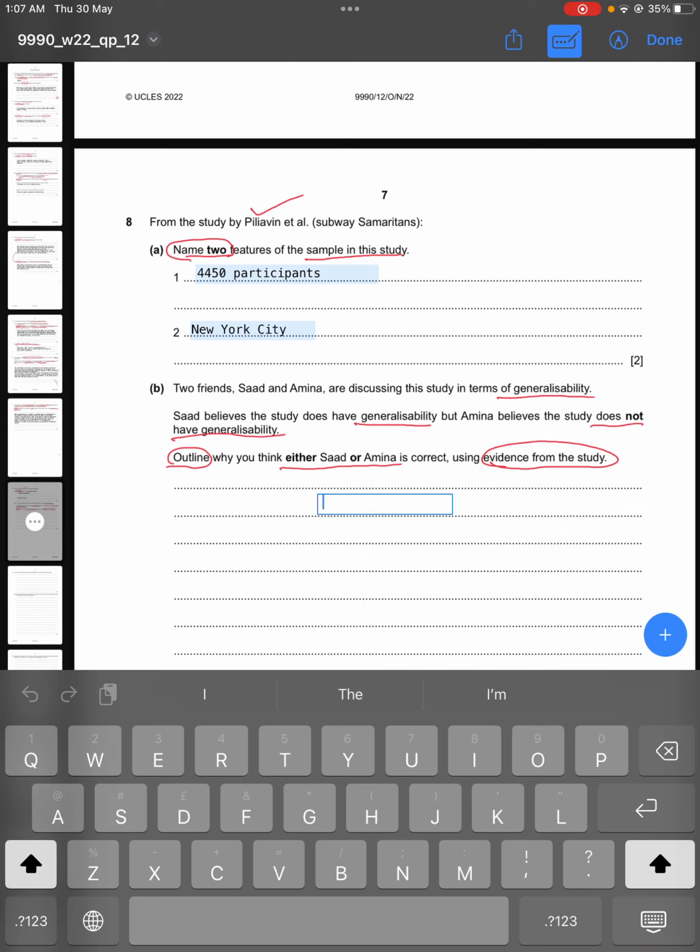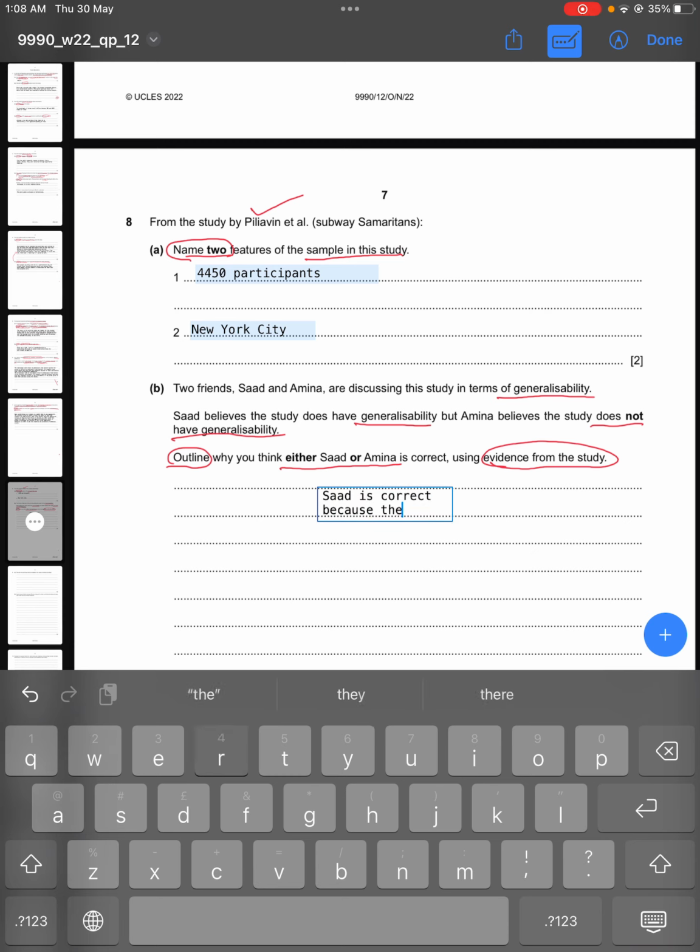So for example, if I'm saying that Saad is correct, Saad is correct because there was a large amount of people.